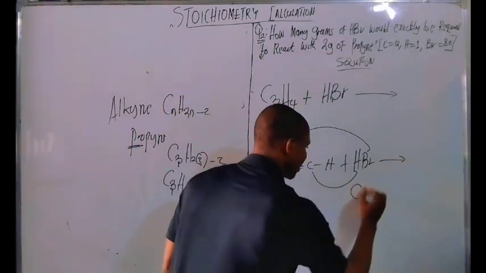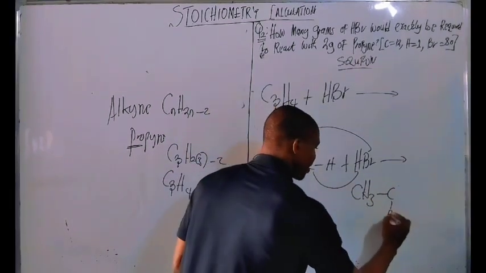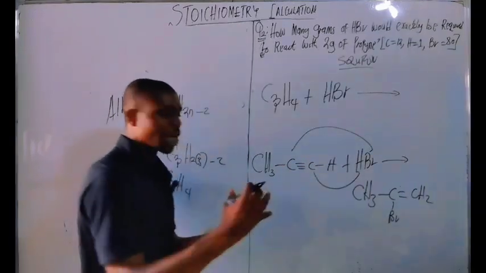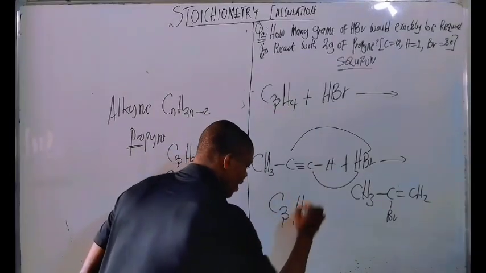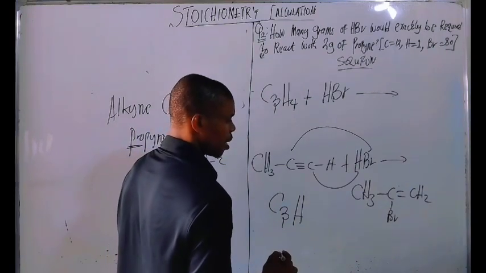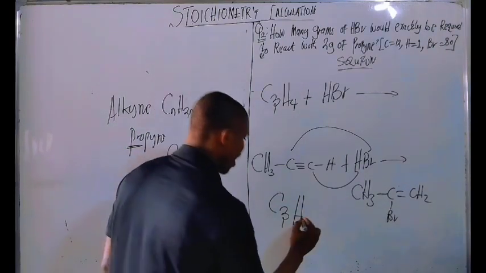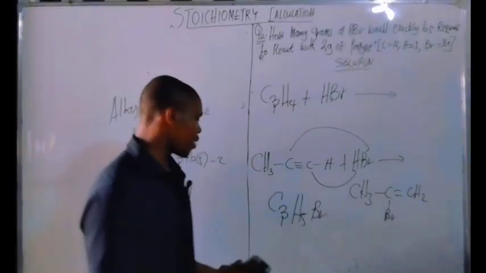You now have CH3C(BrO)=CH2. If you check the molecular formula, it is going to be C3H5BrO.